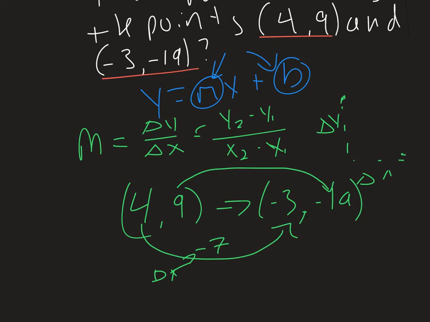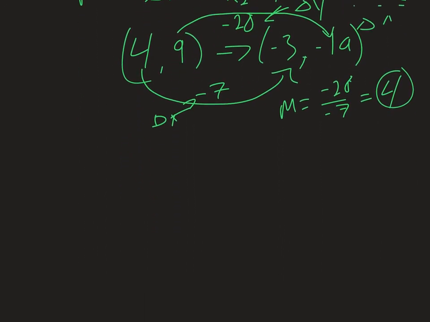I would have to subtract 28. This is my change in y. Which means that m is going to equal negative 28 divided by negative 7, which is a positive 4. I'm halfway there. So at this point, I know my equation looks like y equals 4x plus b.